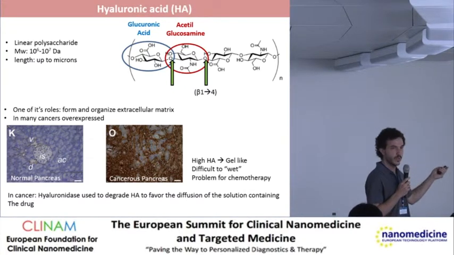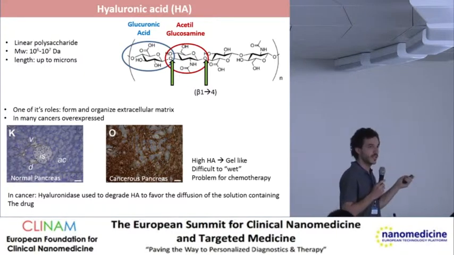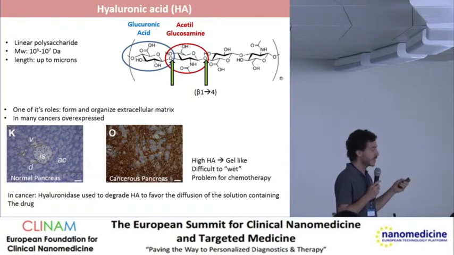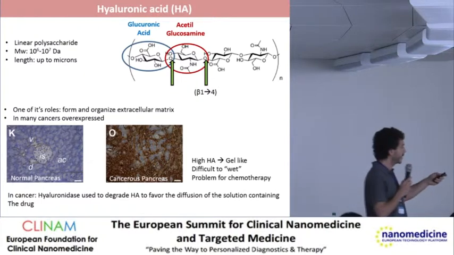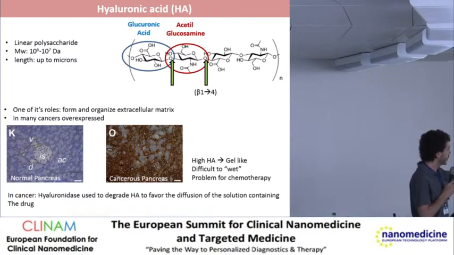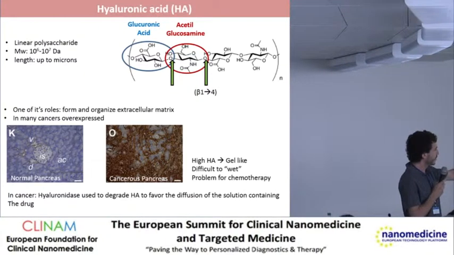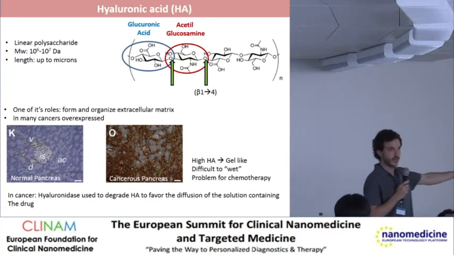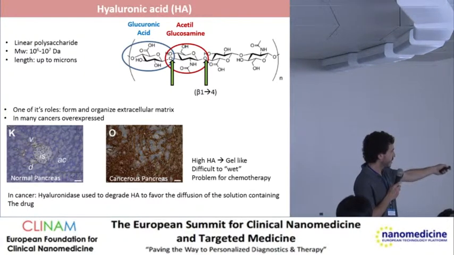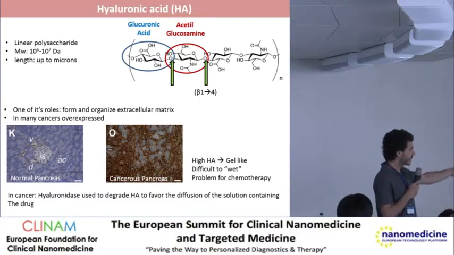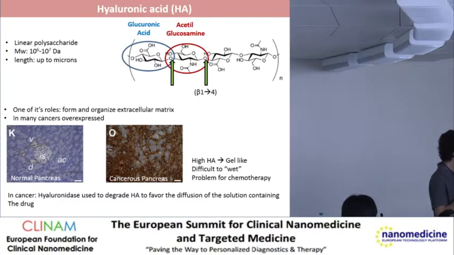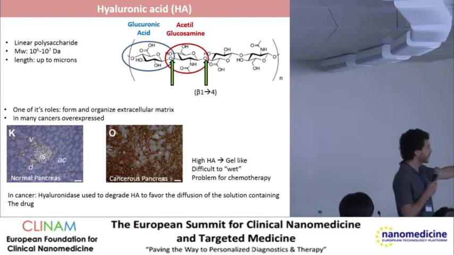And in most, or at least in many cancers, HA is overexpressed, and one of the best examples is probably in pancreatic tumor. What you see here in brown is the stain for HA, and you see that in the normal pancreas there's almost nothing, and it's highly overexpressed in the cancer.